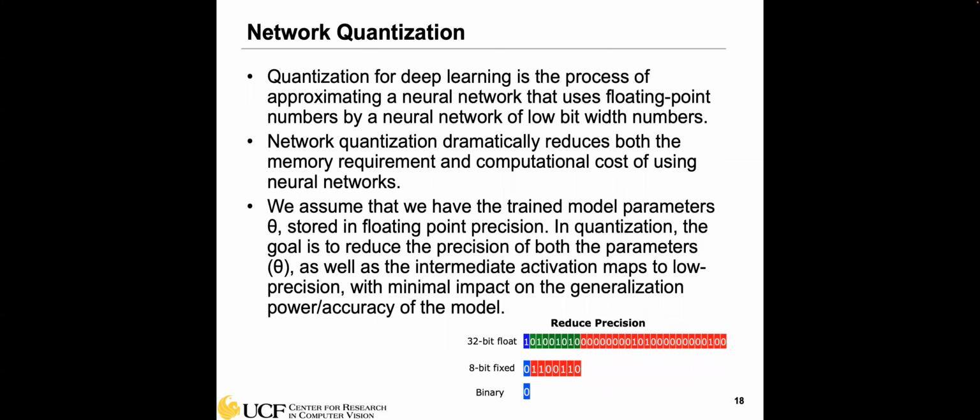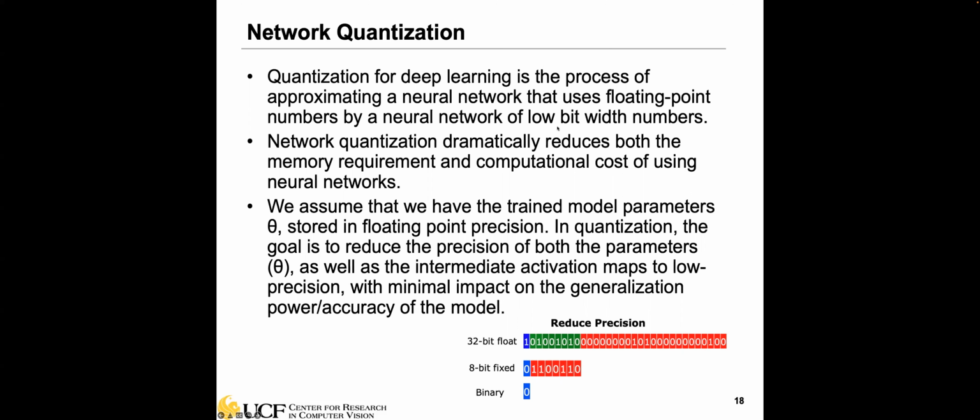Okay. And the next category is network quantization. Quantization for the network is the process where you approximate the network that's using floating point by a network of low bit width numbers, like I mentioned, right? So typically the network operates in full precision, 32-bit floating point.